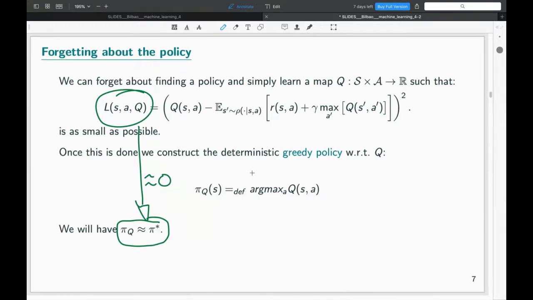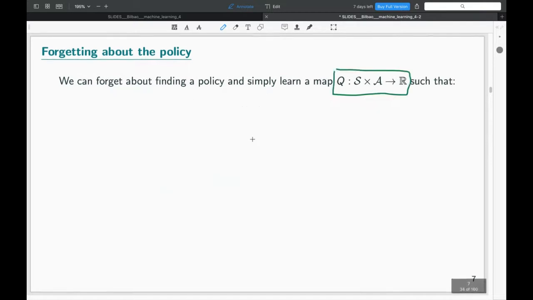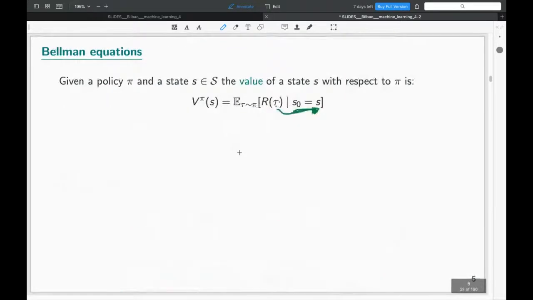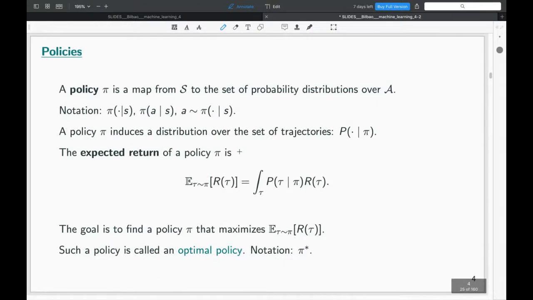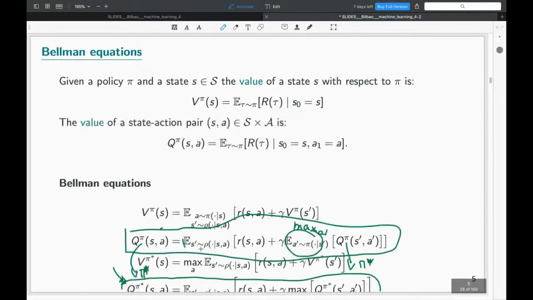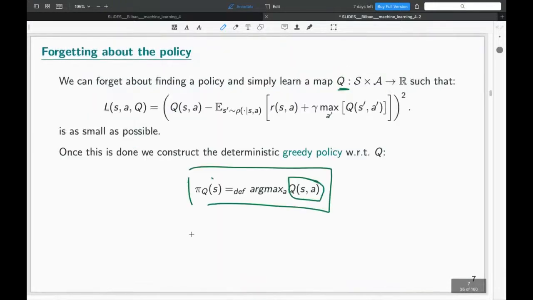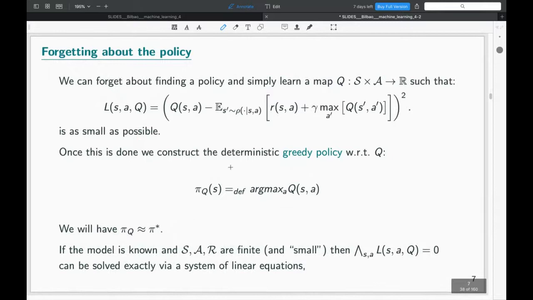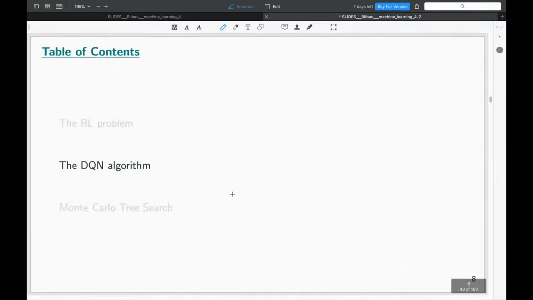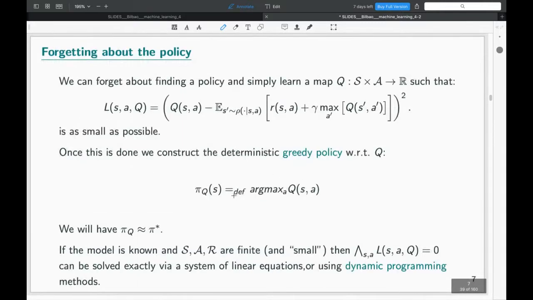Why? Because pi star is the greedy policy with respect to its Q values. Yeah, sorry.